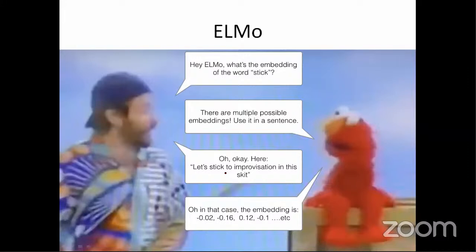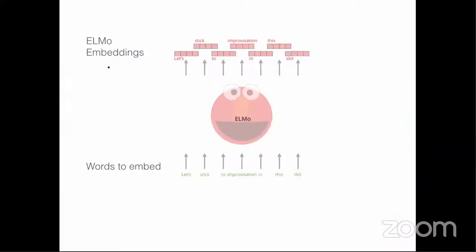This is the embedding: you have given the sentence, and in that sentence the stick embedding is this one. Yeah, ELMo embedding you can see here. The words are there, and the words should be embedded by ELMo, and once embedded, for each word you will get a vector number representation.